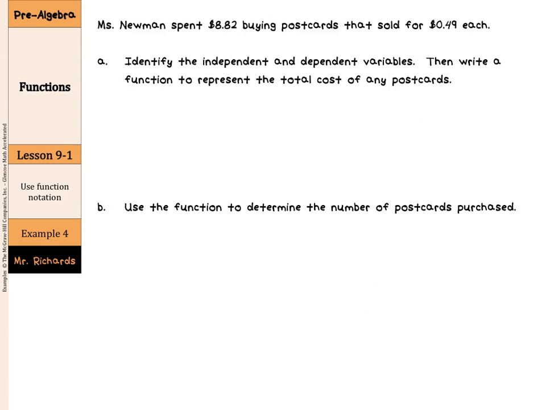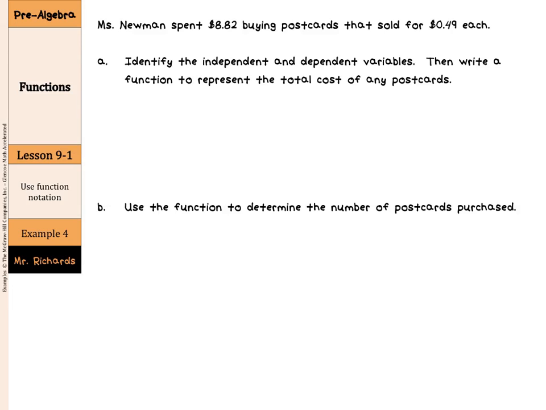Now, our word problem uses function notation. Miss Newman spent $8.82 buying postcards that sold for 49 cents each. Part A, identify the independent and dependent variables. Then write a function to represent the total cost of any number of postcards.